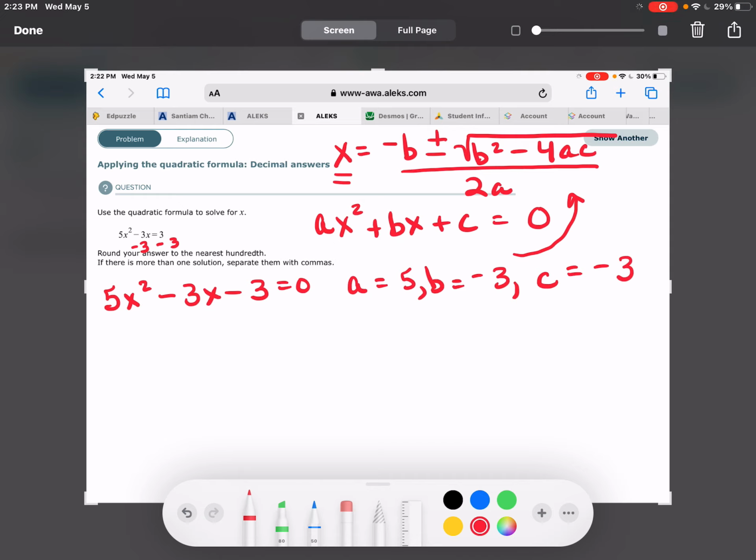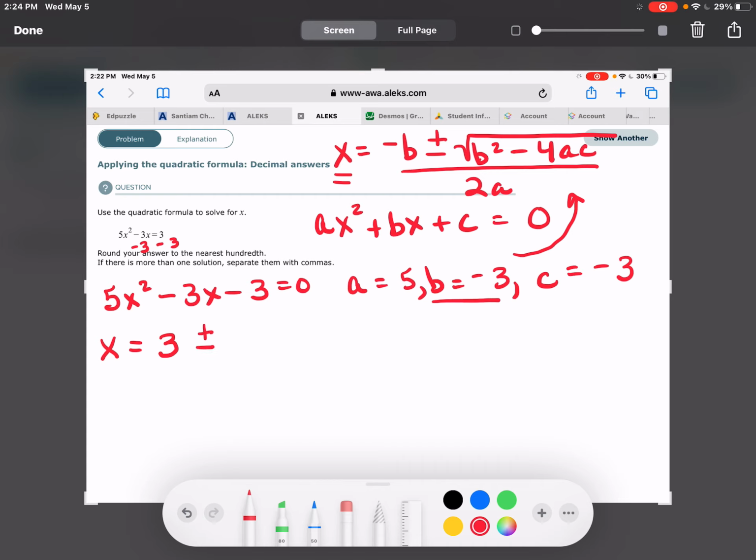I'm going to plug this in my equation. I have x, that's what I'm solving for, equals negative b, which means I'm going to put the opposite of whatever b is. Since b is negative 3, a negative 3 is a plain 3.